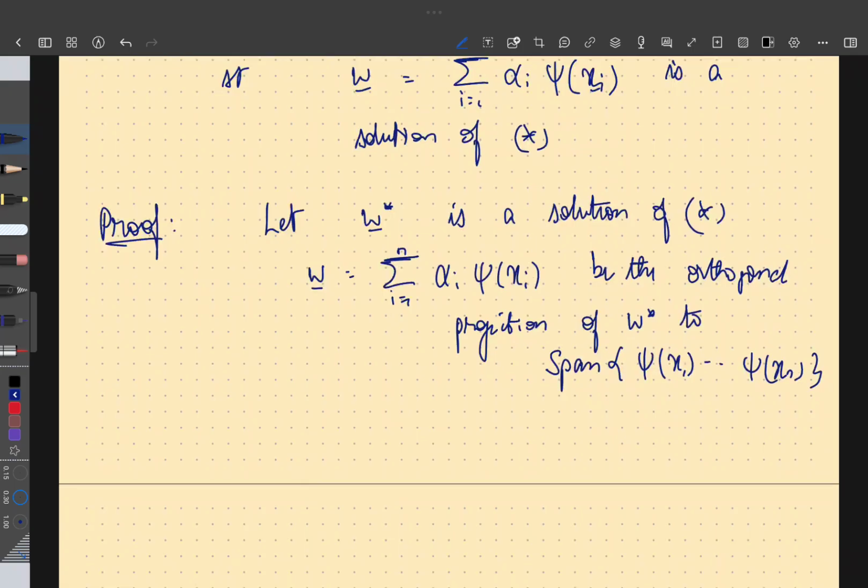For this to exist, the corresponding space x prime should be a Hilbert space.